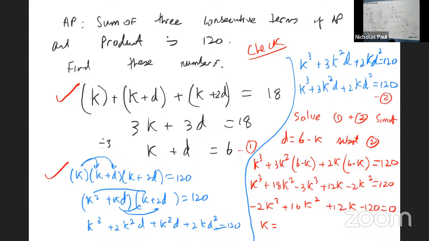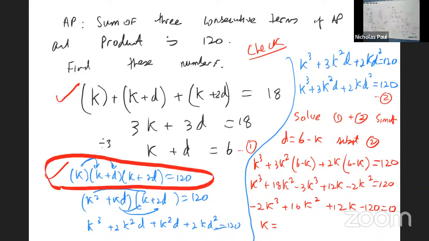So let's check it back. Check back this part here for me. Multiply it and see this equation again, and then redo the substitution. I will do it now, but I have a next class. I'll do it now and I will send it on the group.